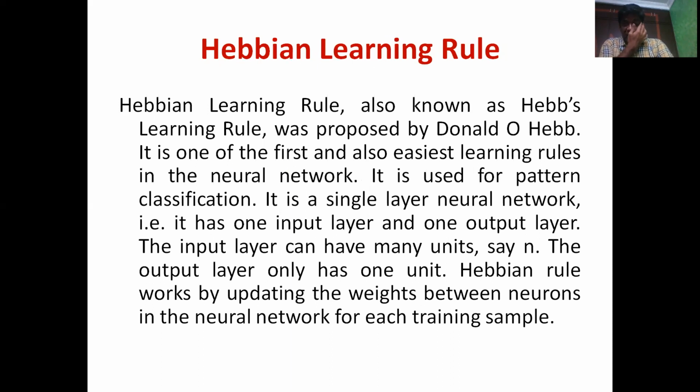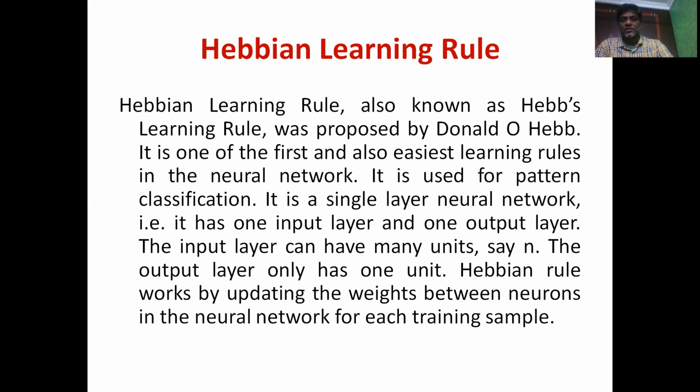Let us start with the first learning rule, the Hebbian learning rule. The Hebbian learning rule, which is also called Hebb's learning rule, was proposed by Donald O. Hebb. This learning rule is treated as the oldest learning rule among all the rules, and it is also the easiest learning rule used in neural networks. Generally, these learning rules are useful in pattern classification.